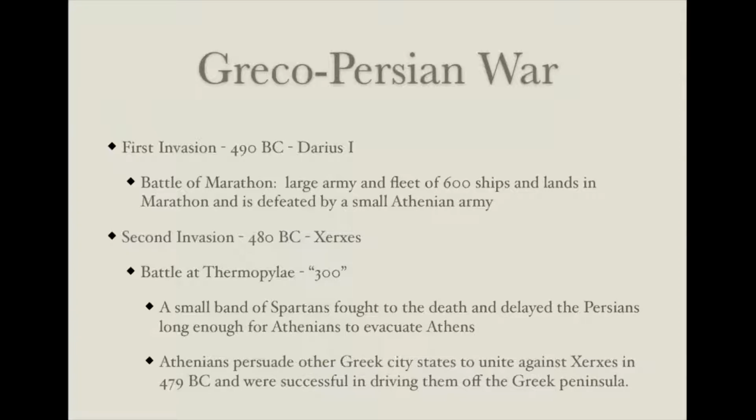It's pretty amazing. Because of what they did, the Athenians were able to evacuate, and Xerxes marched on with his armies to Athens and found an empty city. Wasn't very satisfying, but he did conquer Athens. But the Athenians, who were exiled, persuaded the other Greek city-states to unite against Xerxes.